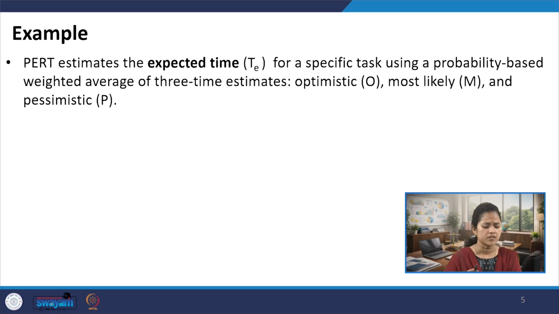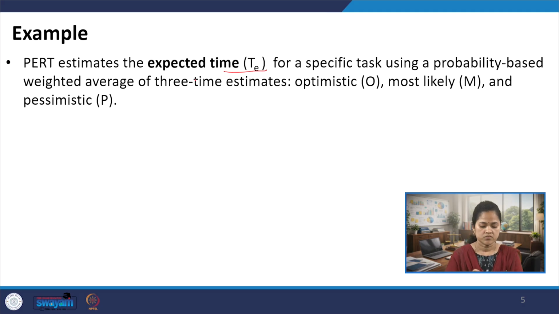Given this understanding, now we can take an example of how the program evaluation and review technique estimates the three scenarios, and how we can find whether a large degree of uncertainty is there or a lesser degree of uncertainty. For PERT estimates we need expected time.